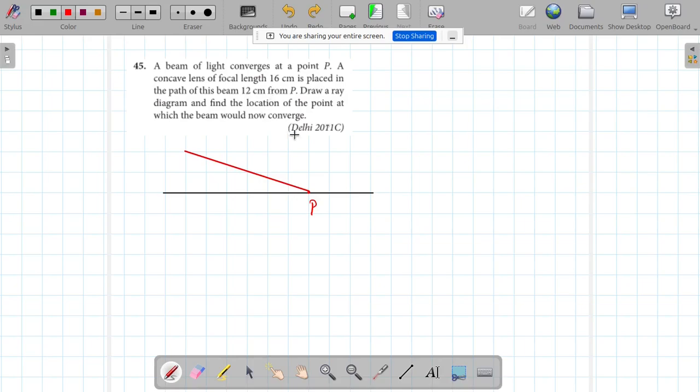And the second step is, now we are going to place a concave lens of focal length 16 centimeter, in front of this point P, at 12 centimeter distance.